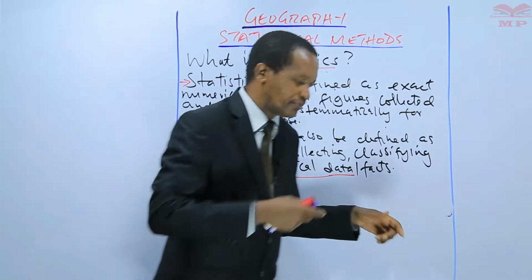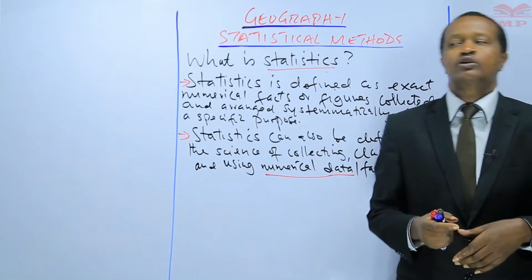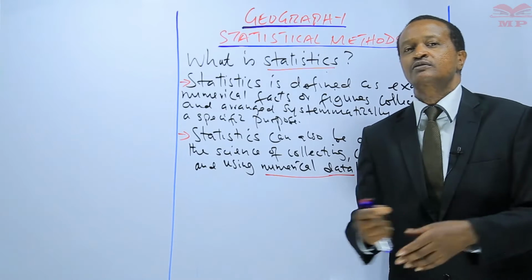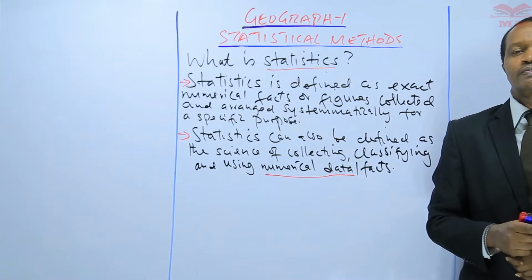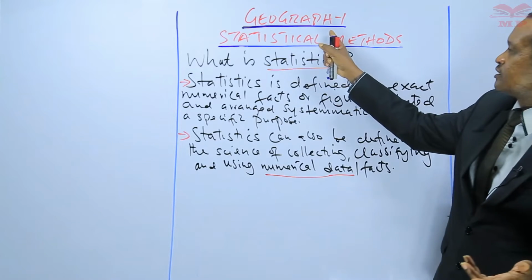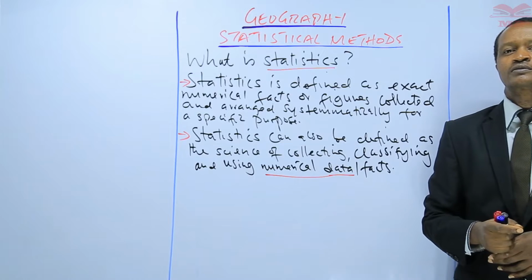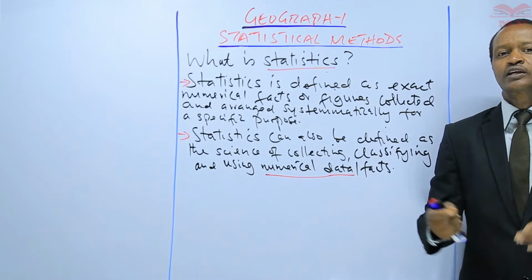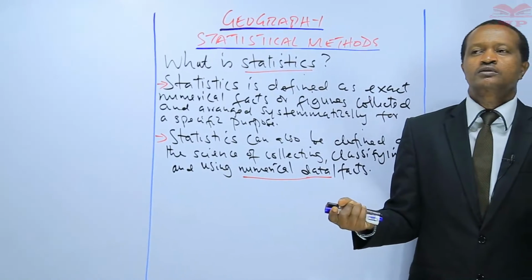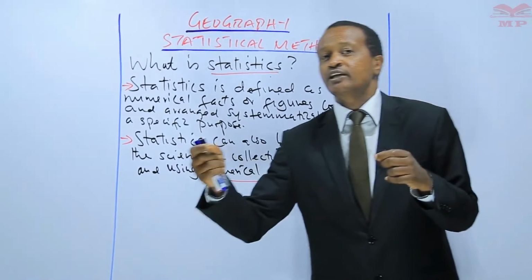This can also include the mean temperature of a place for a month. This data can be the number of students who have passed a geography test, or the amount of maize produced from a farm within a certain period of time. It can be a year.